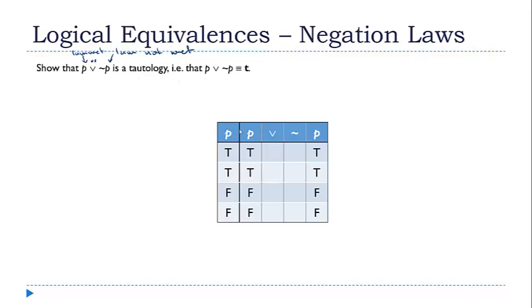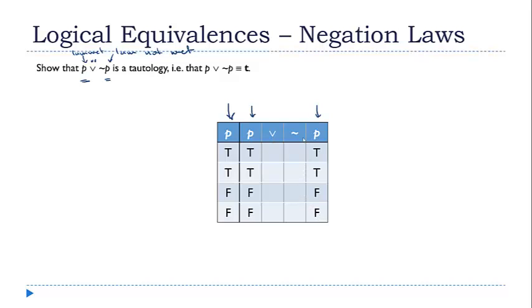And to do that, we're just going to construct the truth table. And this truth table only has one base column. There's only one variable, the P, in the original statement. So that's our base column here, the first one. Then I've copied the logical statement into the rest of the table. And again, I filled in the P and P columns here where I'm just copying the values over.